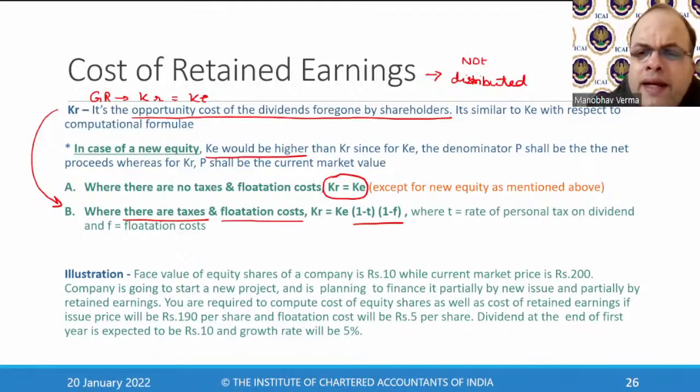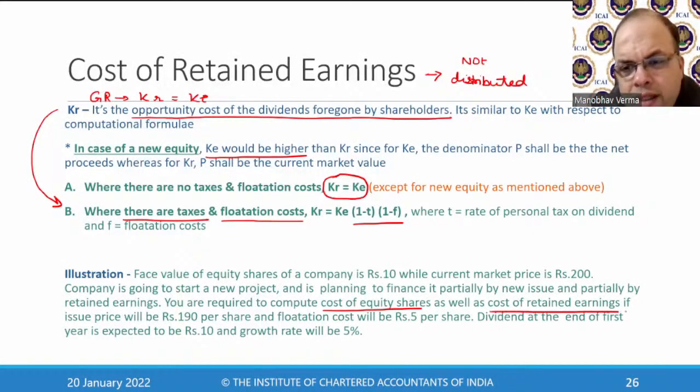Now, what are we expected to find here? We are saying that we need the cost of equity shares as well as the cost of retained earnings. Guys, which model do we apply here for the cost of equity? Any thoughts?